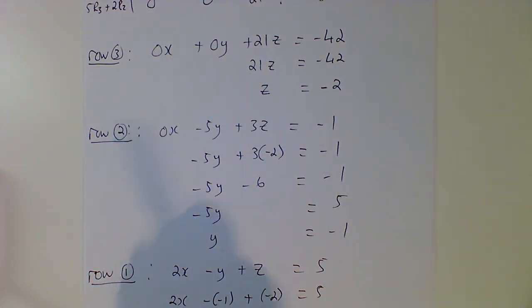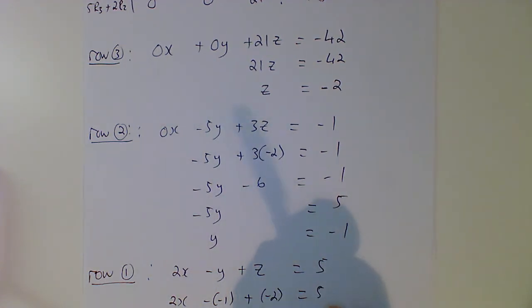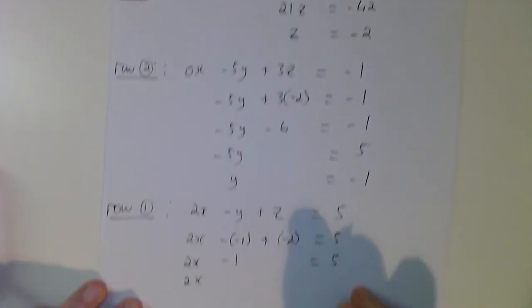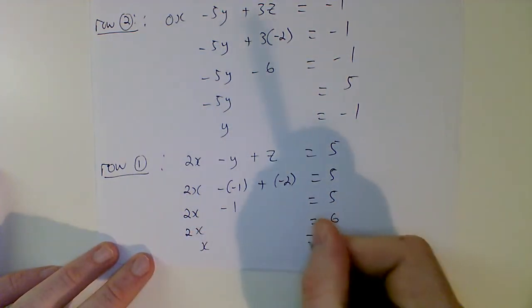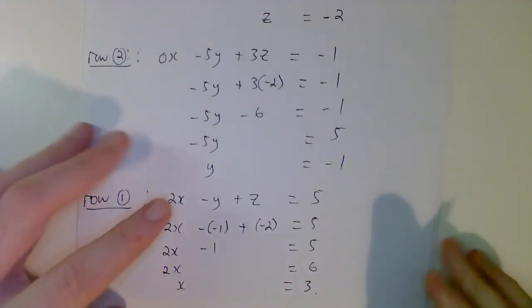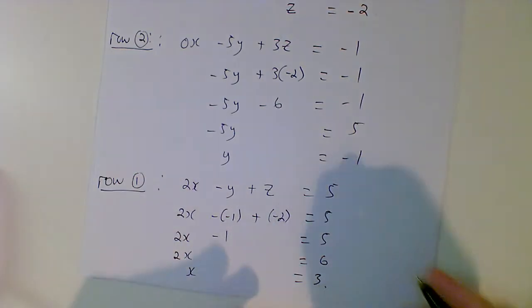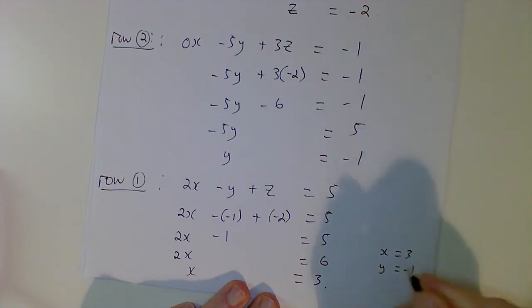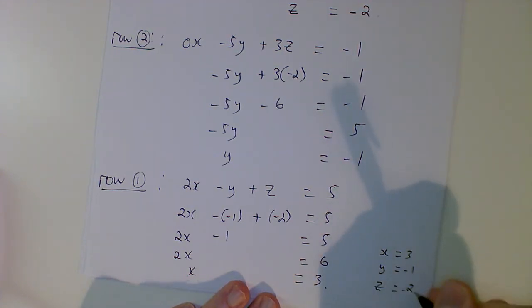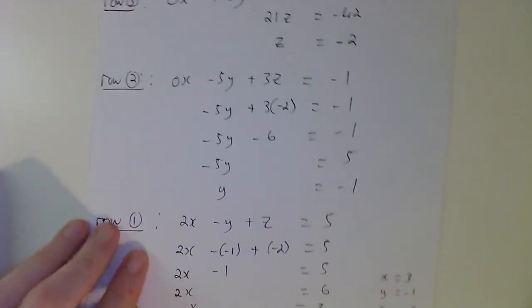So 2x plus 1 take away 2 equals 5. So 2x equals 6. So x is 3. There we go. Those are the 3 answers. So x equals 3, y equals negative 1, z equals negative 2. There we go.